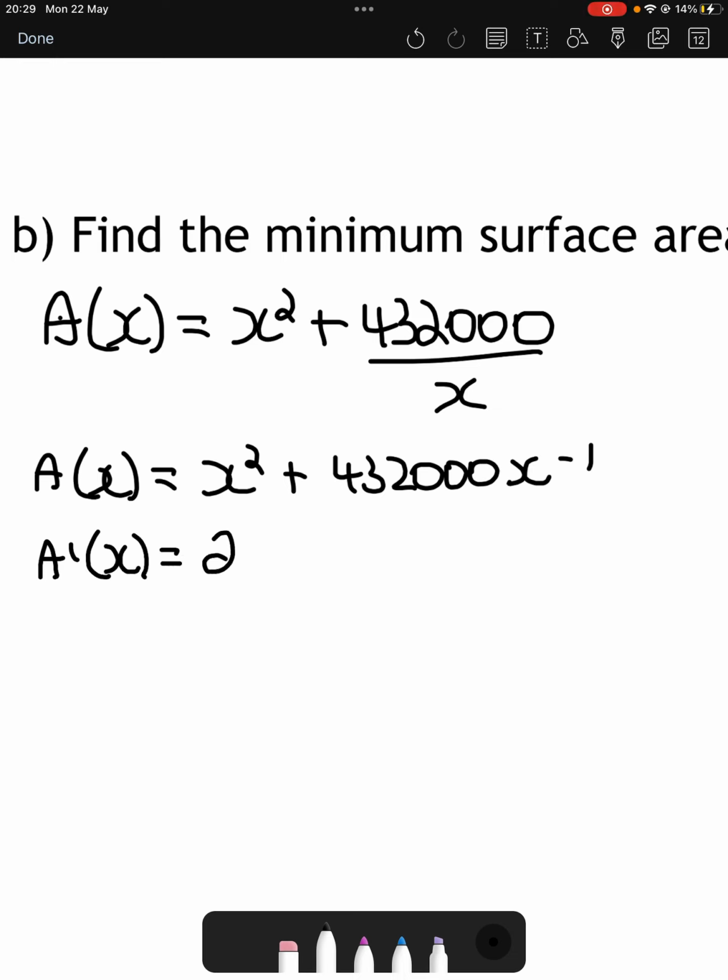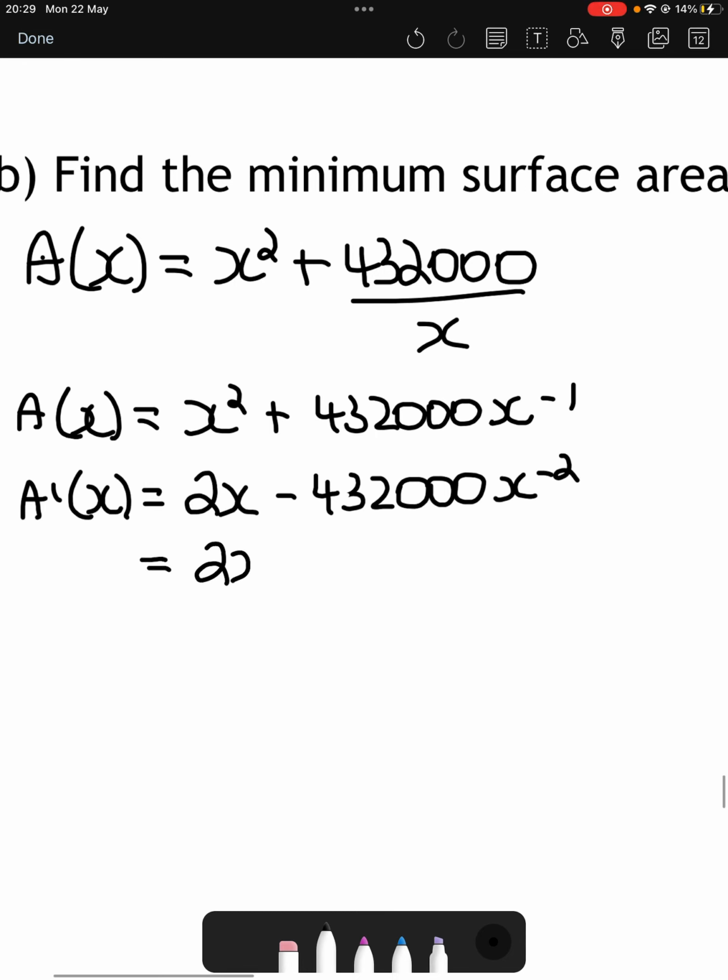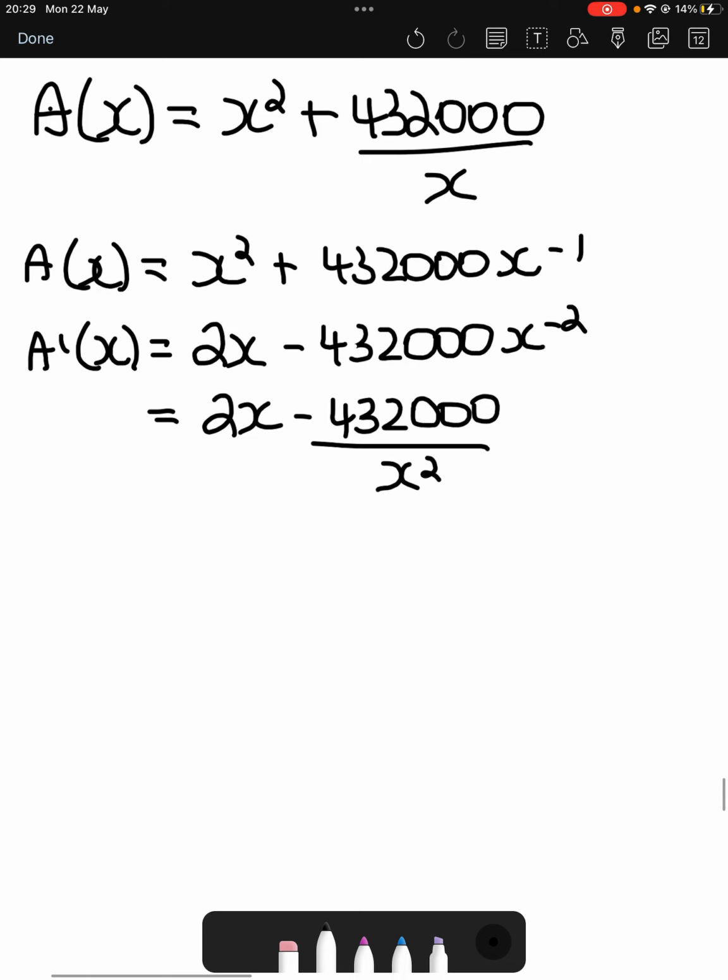Right, differentiate it. 2x. The fraction couldn't be differentiated as it is, so we'll bring that up and make it negative. Because I need to work with it, I'm going to take it under. Okay, churn out your steps. Set it equal to 0, right? We're doing our stationary point steps.